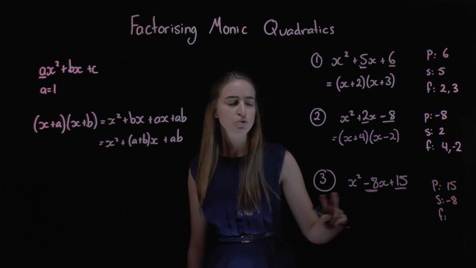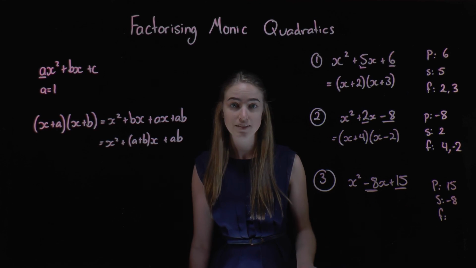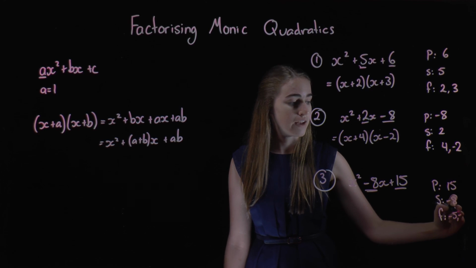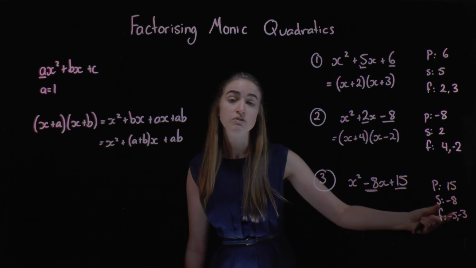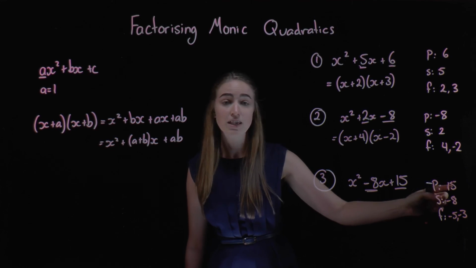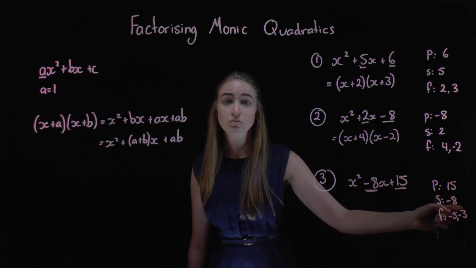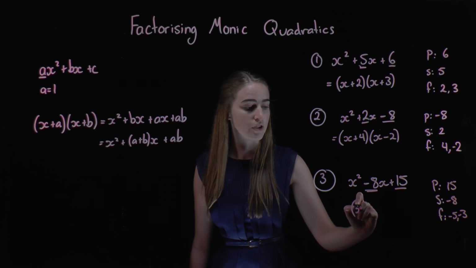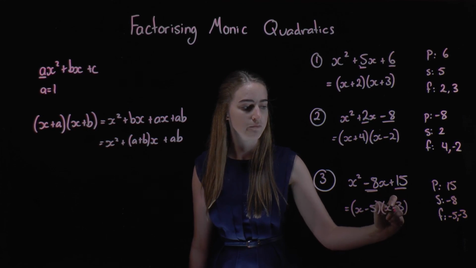So we want to think of two numbers that multiply to give positive 15, but add to give minus 8. Those two numbers in this case are going to be minus 5 and minus 3. Minus 5 times minus 3, because we're multiplying two negatives together, is going to give us our positive 15. And minus 5 plus minus 3 will give us that minus 8. So this one can be factorised into (x minus 5)(x minus 3).